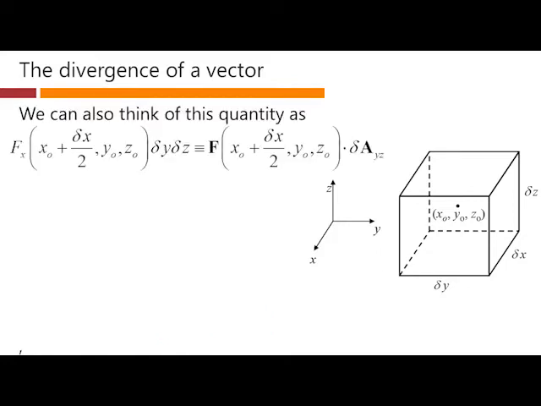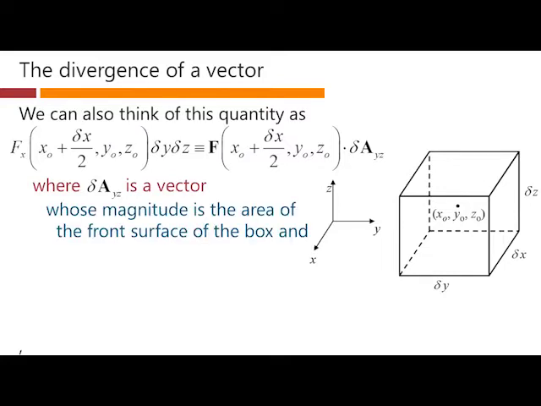We can also think of this quantity as the dot product between f, the vector flow, and a vector delta A sub yz. This is a vector whose magnitude is the area of the front surface of the box, and whose direction is outward from the box, so along the x direction.